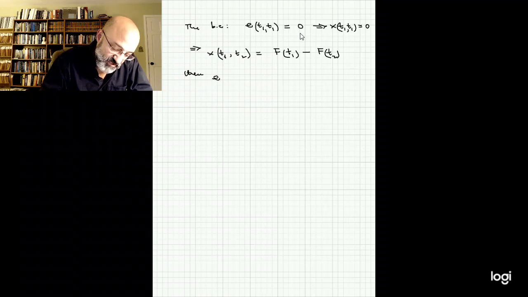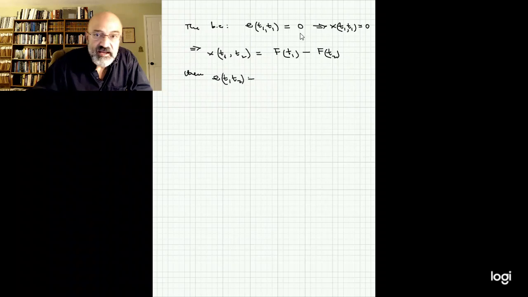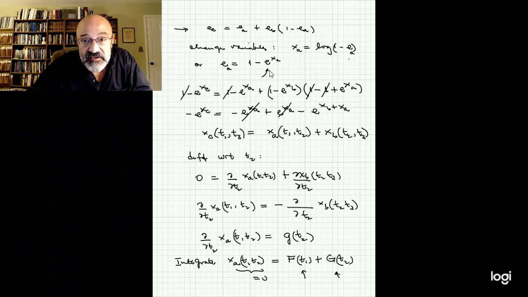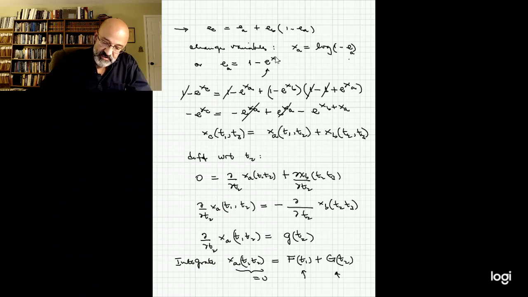Substitute back into E, the efficiency, and our expression for the efficiency is given here. What we get is 1 minus E to the x, which is a difference of those two f's.